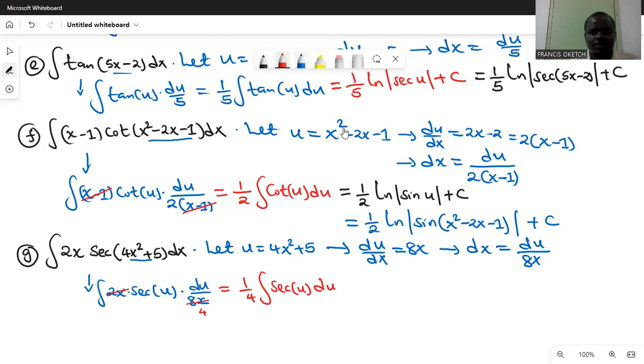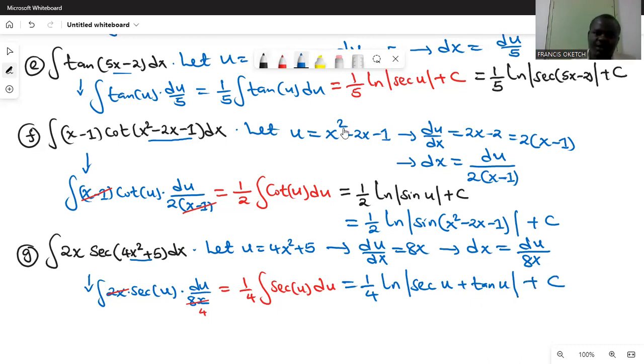So this is equal to 1 over 4 times ln of sec u plus tan u, and then there's a constant c of integration.